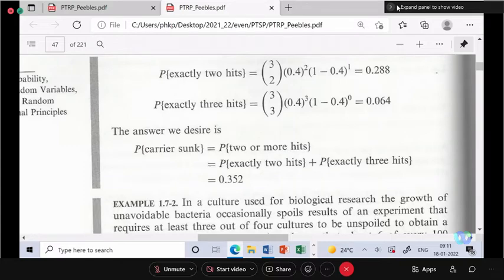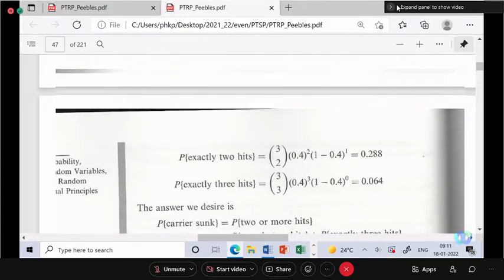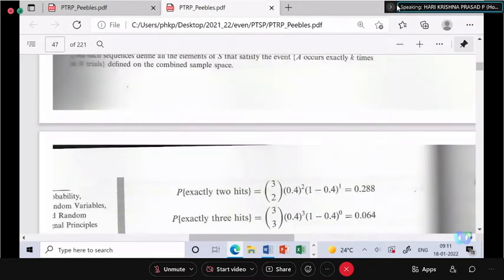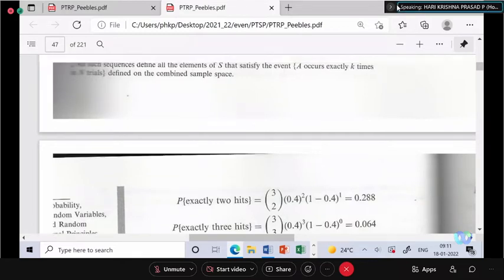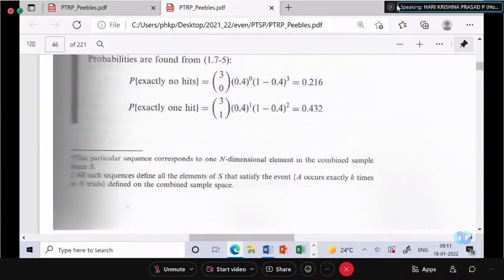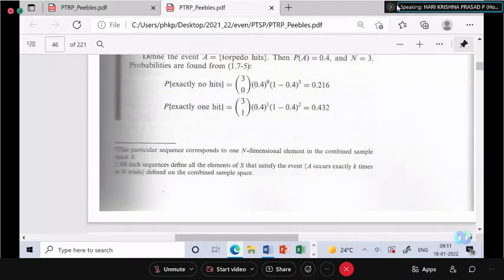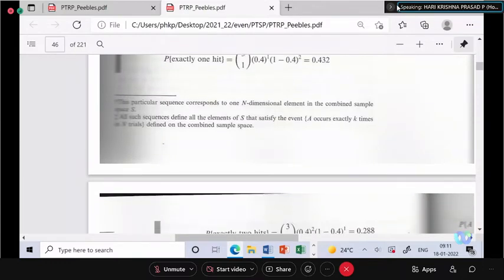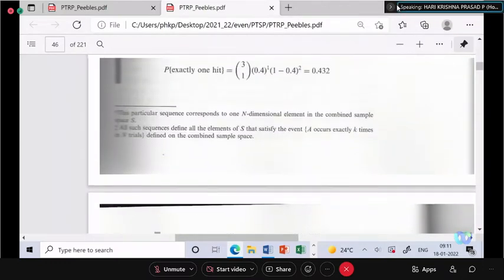What I wish to convey over here is, see the probabilities listed. Probability of exactly 3 hits is 0.06. Exactly 2 hits is 0.2. Probability of exactly 1 hit is 0.4. Probability of no hits is 0.2. Okay. See, out of these 4 probabilities, which event has got more value? That is the probability of exactly 1 hit. That is what I understand. Okay.